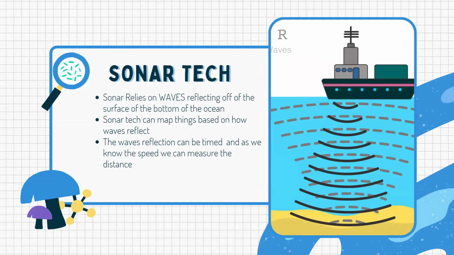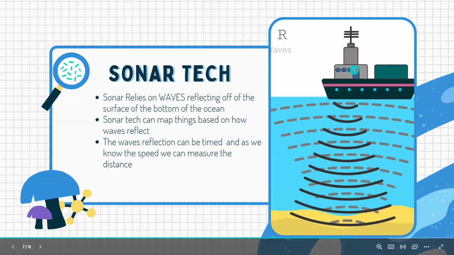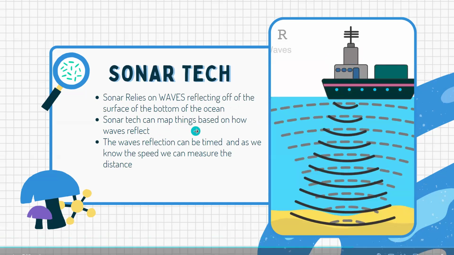So here are applications of wave interference in real life. Wave reflection in real life. There's an interference one after this. The first one is sonar tech, which relies on waves reflecting off of the surface of the bottom of the ocean. The incident ray comes down, and the reflected one comes right back up. And sonar tech can map things based on how waves reflect. If it's smooth, it'll come back at the same angle, and a smooth surface will come up.